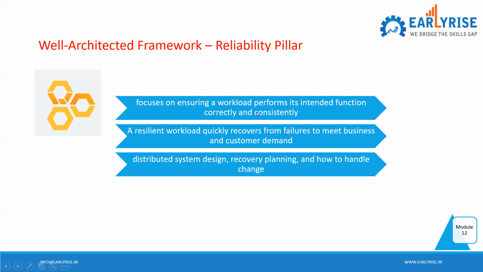It will not be perfect. Some feature might not be accessible. Some performance might be degraded. That means your solution, your architecture is not reliable. So how you can make it reliable, that is the important thing. That is discussed in this particular pillar.